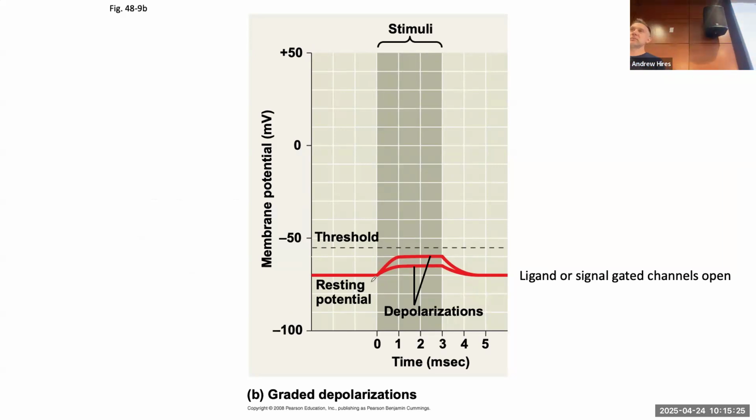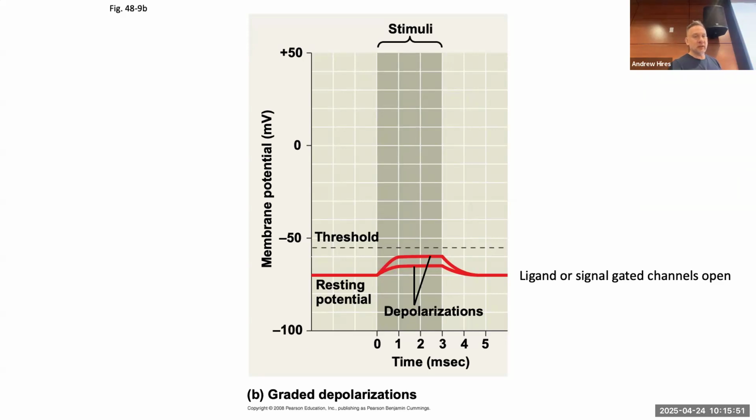We must be increasing the relative amount of sodium permeability in the membrane, because we're moving towards plus 62. So maybe a glutamate molecule came out and bound to some ligand-gated channel that binds glutamate. That opens up a channel and allows sodium in, and we get a depolarization. So these are the graded depolarizations that we see.